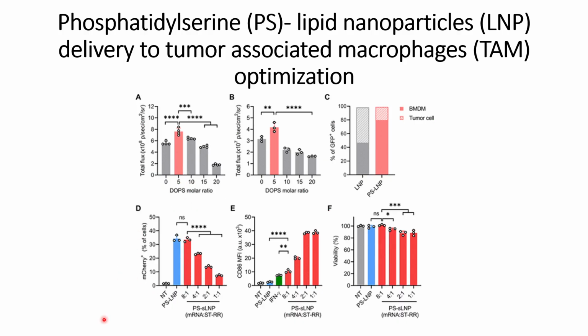In order to do that, they co-encapsulated a STING agonist along with the mRNA in the lipid nanoparticles. To optimize the conditions, they used mCherry signals for the mRNA, and followed the same procedure. That is, they used different ratios of the STING agonist to these modified phosphatidylserine lipid nanoparticles.